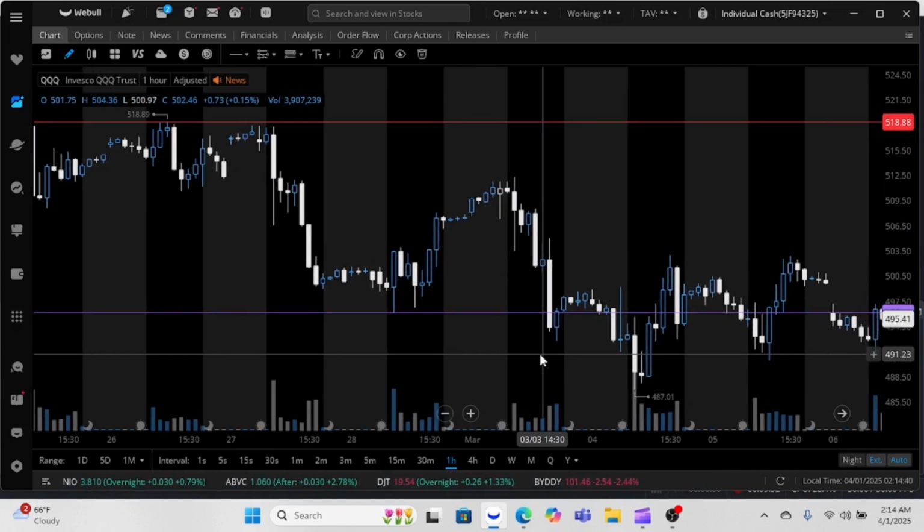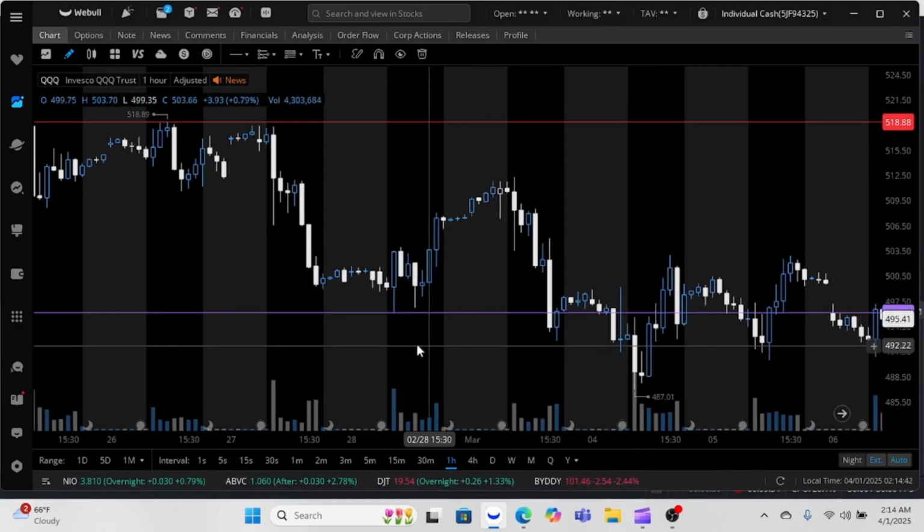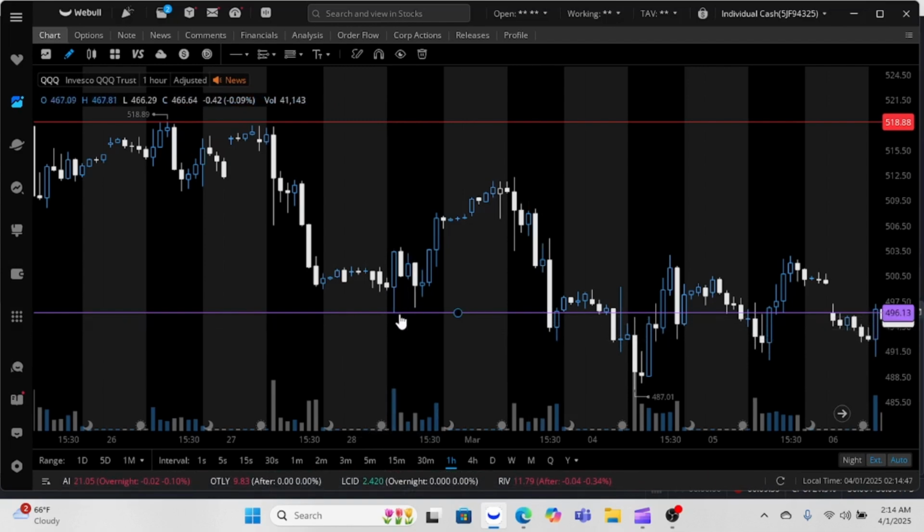So the market is going to be moving in objectives. And one of those objectives is going to be to take out liquidity, because there are going to be people placing their stop loss orders below these levels. And the market is going to try to take those orders.